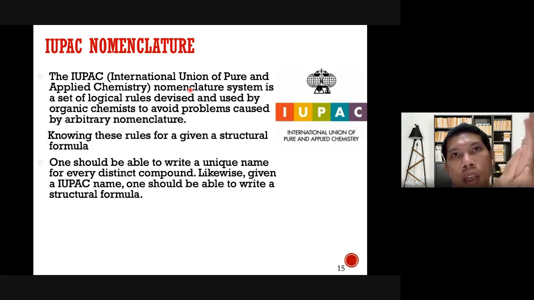Let's say like methane just now, if one country uses methane and another uses a different name, it would generate confusion. So what IUPAC does is standardize the system in which organic compounds are named.